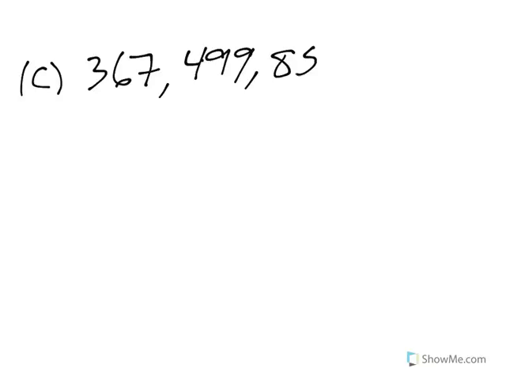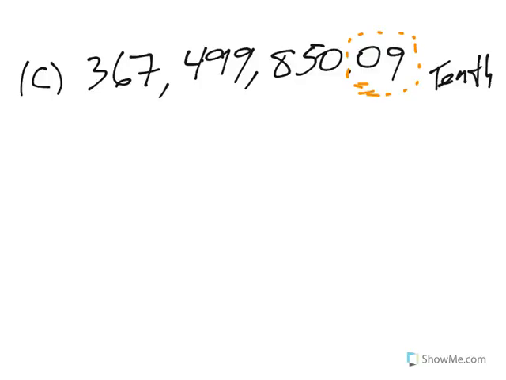The next example, when I round 367,499,850 and 9 hundredths, in this case we're rounding to the nearest tenth, not 10, but tenth. So the tenths place is right there. The next digit in the hundredths place is a 9.